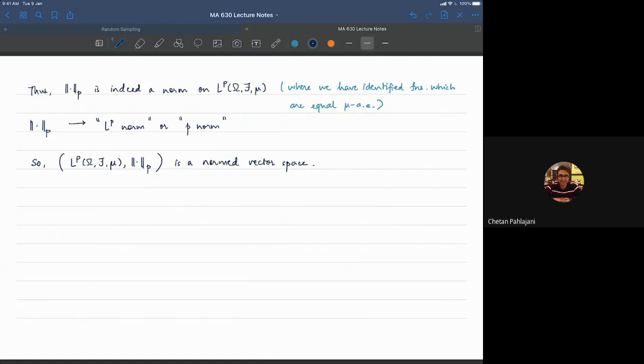Now, if you're in a normed vector space, that is a metric space. The distance between 2 points is simply the length of the vector obtained by taking the difference of the two things. And so, of course, you can ask the question, is L^p of (omega, F, mu) together with this norm complete? In other words, do all Cauchy sequences converge? And the answer is yes.